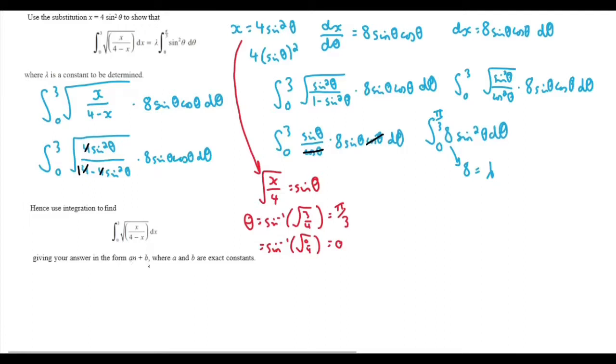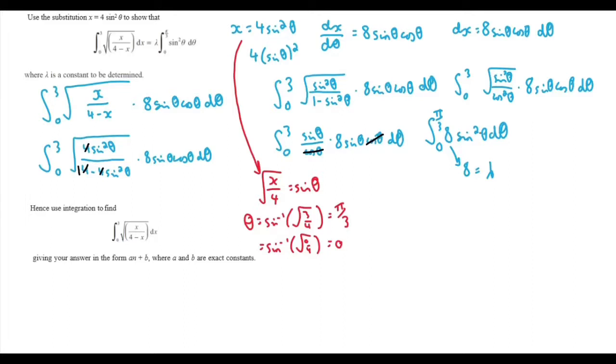Well, now that we are in this form, we are going to have to integrate. The issue comes, though, with integrating sine squared theta. Now, there are a couple of ways of doing this, but there's one way in particular that the mark scheme is expecting you to use.